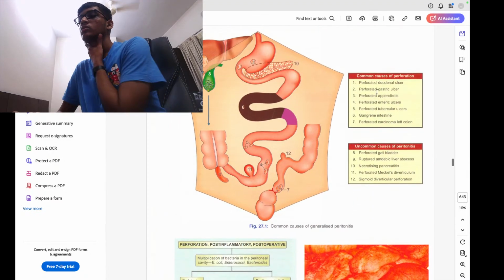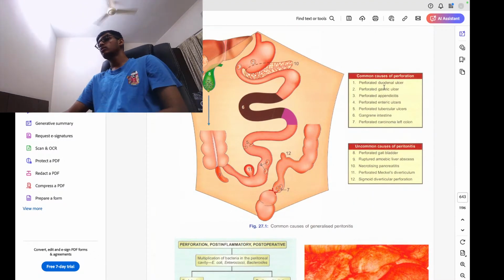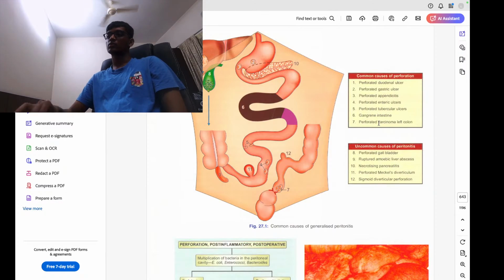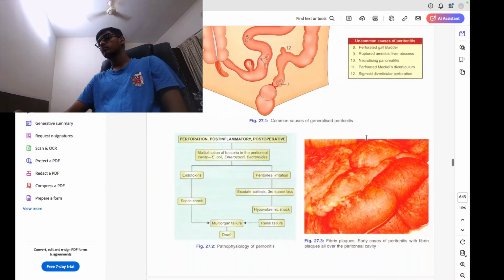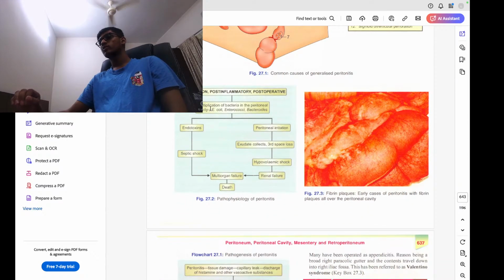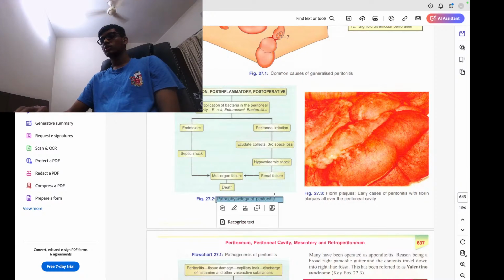Common causes of perforation: perforated duodenal ulcer, gastric ulcer, appendicitis, enteric ulcers, tubercular ulcer, gangrene of the intestine, and perforated carcinoma of the left colon. Uncommon causes of peritonitis include perforated gallbladder, ruptured amoebic liver abscess, necrotizing pancreatitis, perforated Meckel's diverticulum, sigmoid perforation, and post-inflammatory and postoperative perforation. There can be multiple sources of E. coli, Bacteroides, endotoxins, and septic shock, which leads to multi-organ failure and renal failure.